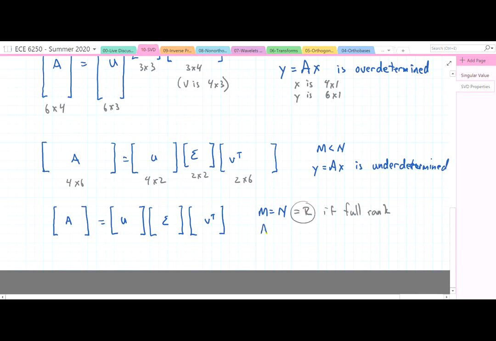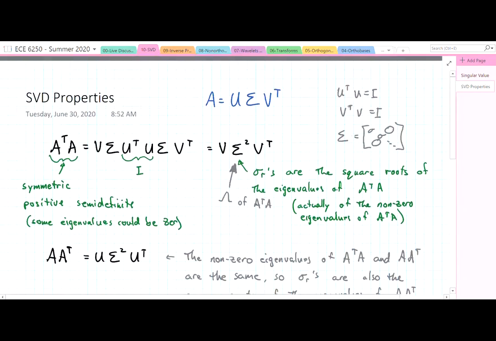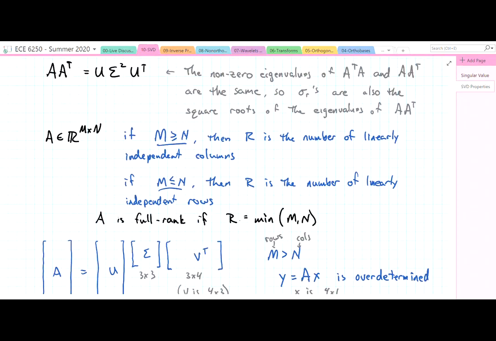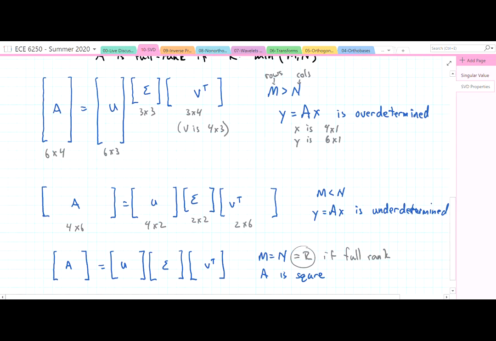And A is square, and there we go. Okay, so different ways that the SVD can manifest. And we'll be looking at solving our y equals Ax in both these circumstances, one where we have overdetermined and the other where we have underdetermined.